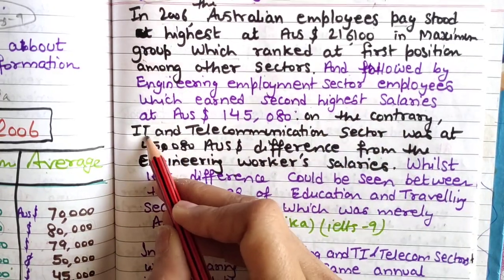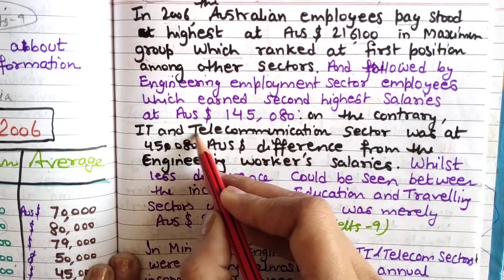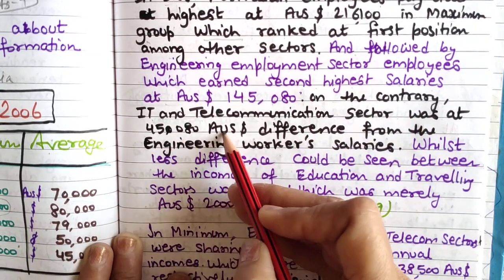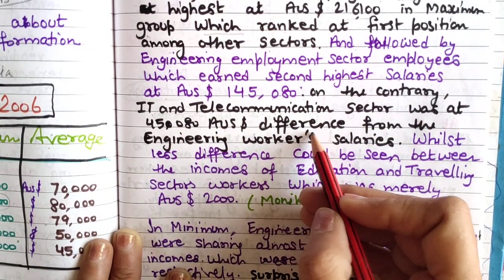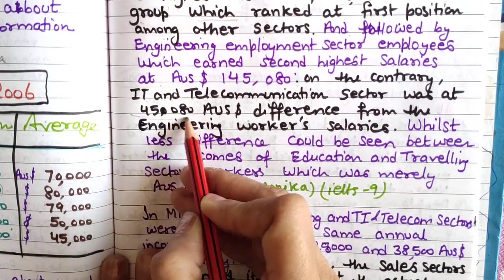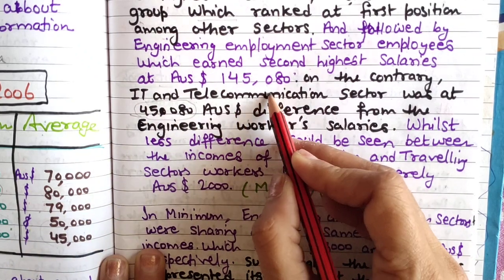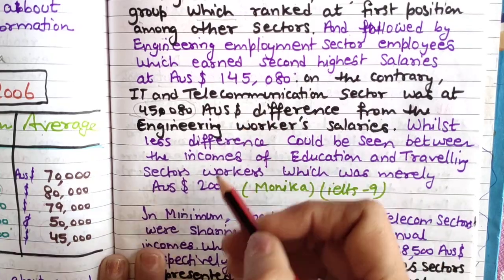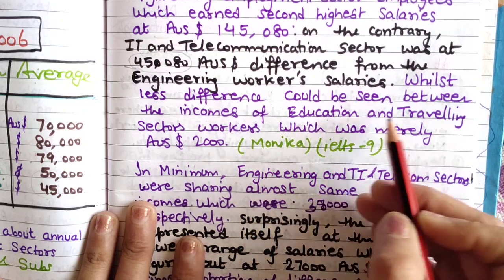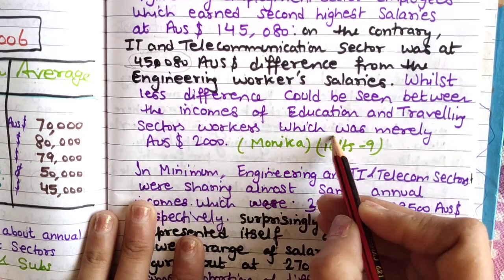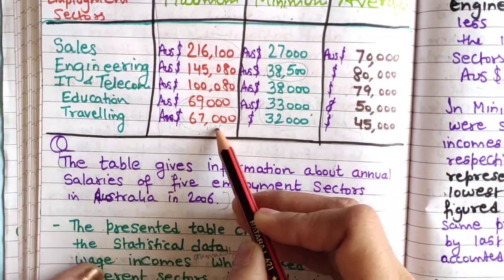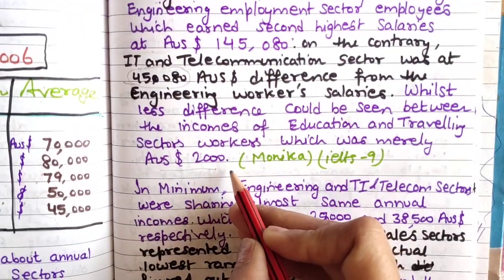On the contrary, the IT and telecommunication sector, actually these category names are too long, which is why it is bigger, was at this much amount of difference from the engineering workers' salary. Now I have given a difference, comparing this category and this category. Whilst less difference could be seen between the incomes of education and travelling sector workers, which was merely 2,000 Australian dollars. Now I have brought a difference. In a different way I am writing the details.